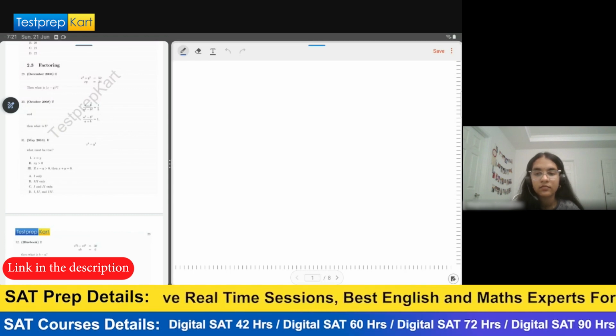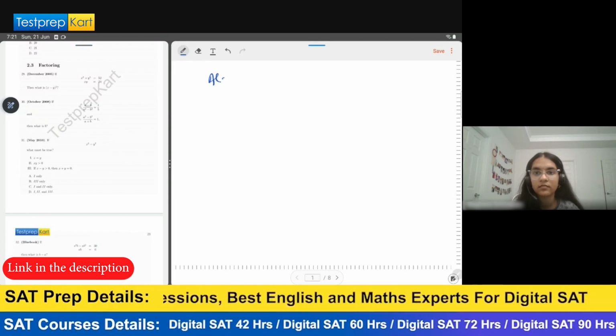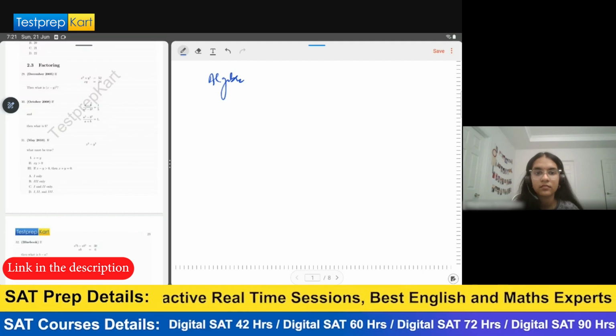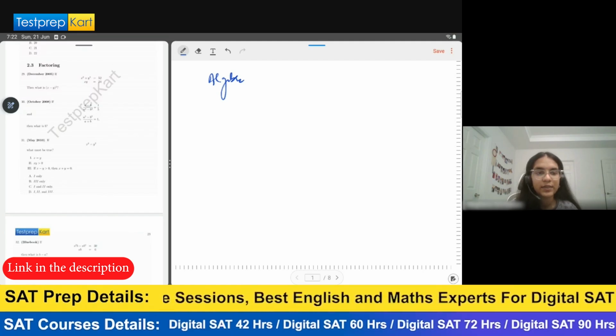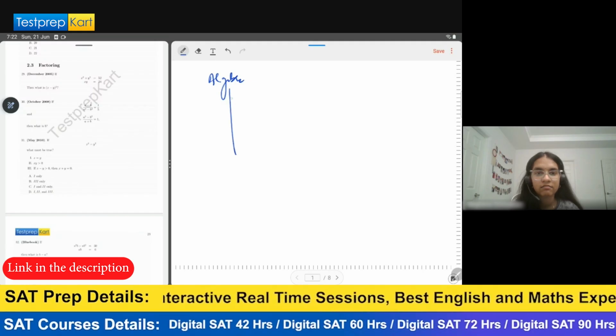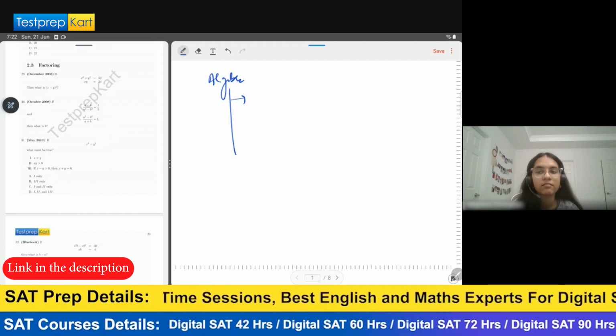The first section is algebra. What does algebra contain? What do you think was the first thing you studied in algebra? You might have learned initially about variables and constants. That's what you started algebra with, right?